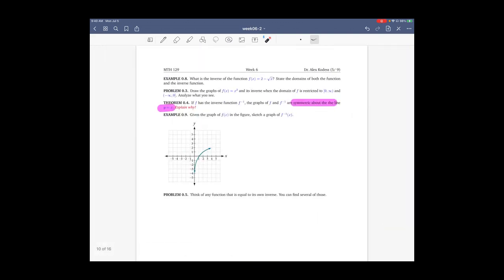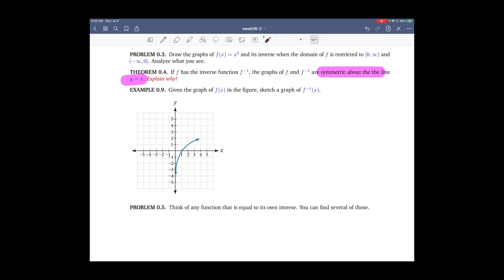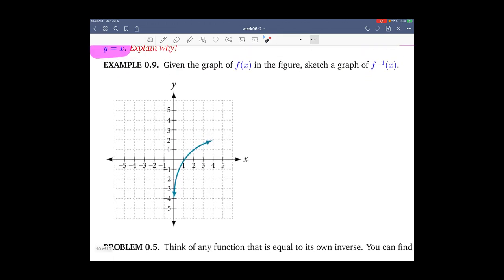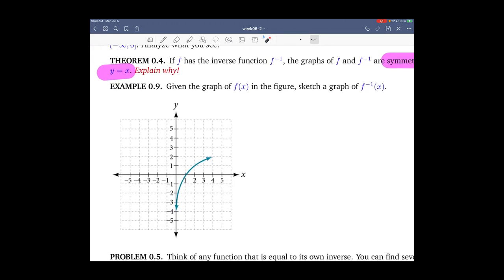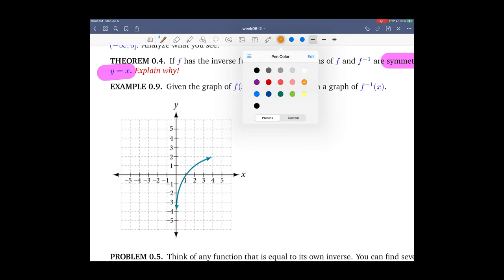If, for example, we get back to the graph of example 9, where we need to reconstruct the graph of f inverse looking at the graph of f, we see that the graph of f seems to have 2 asymptotes.